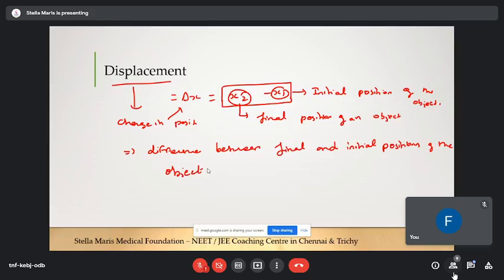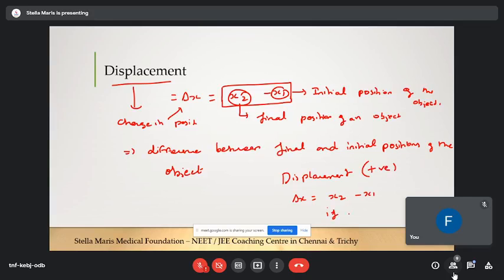When will it be negative? When the final position is less than x1, it yields a negative value. When will the displacement be zero? When the final position coincides with the initial position. So displacement can have zero, positive and negative values.